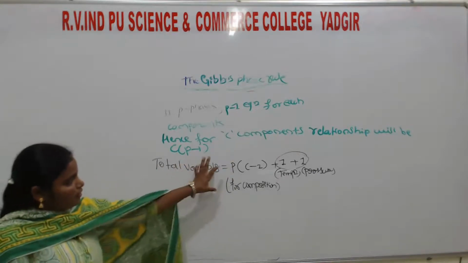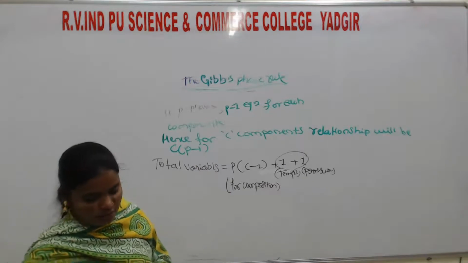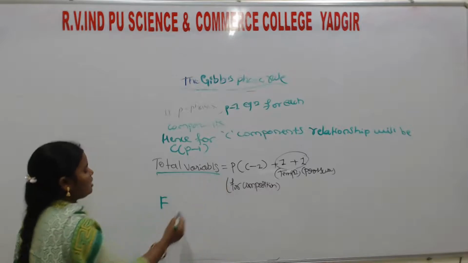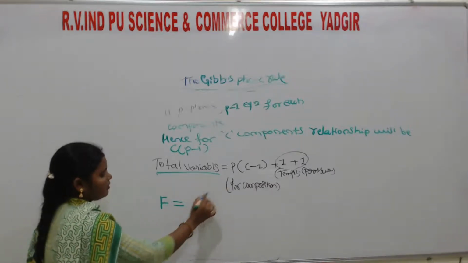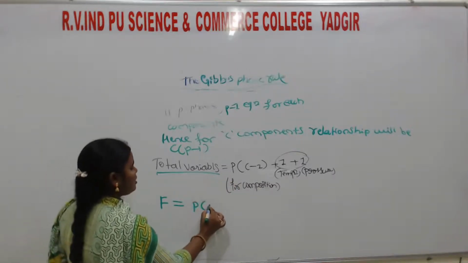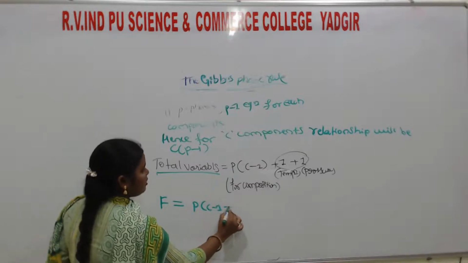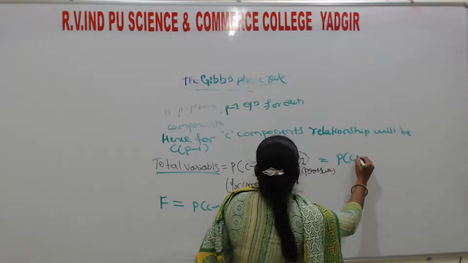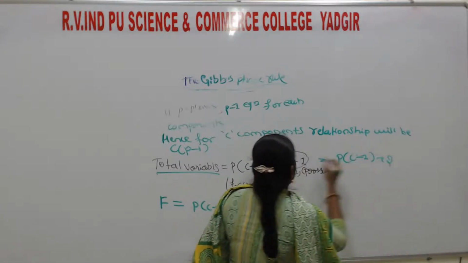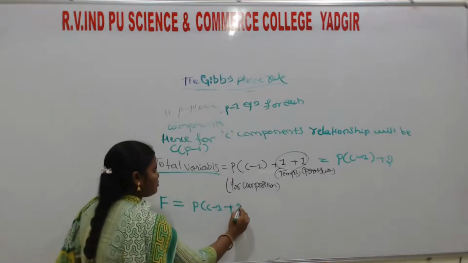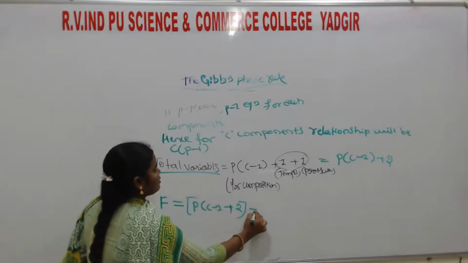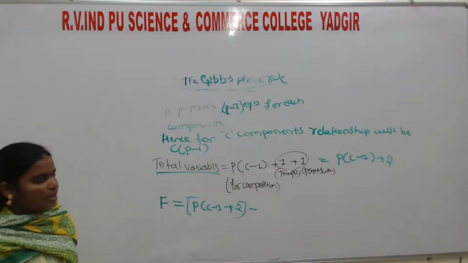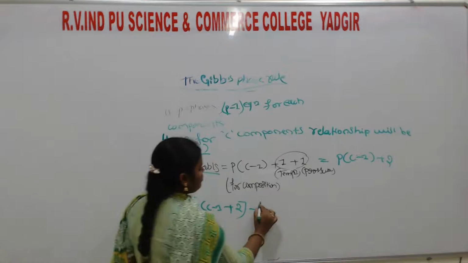Now write the overall equation, that is the phase rule equation. Therefore F is equal to the variables, P into (C minus 1) plus 2, minus the equations, C into (P minus 1).